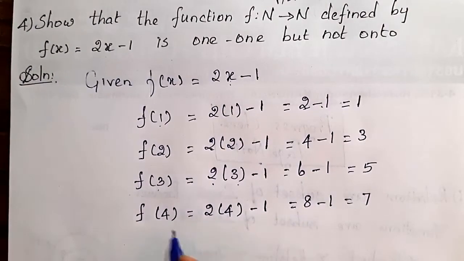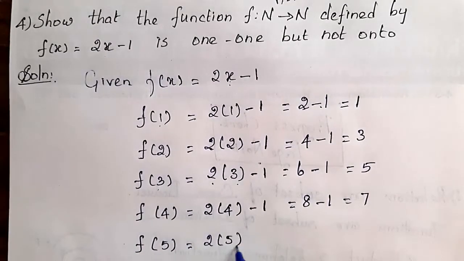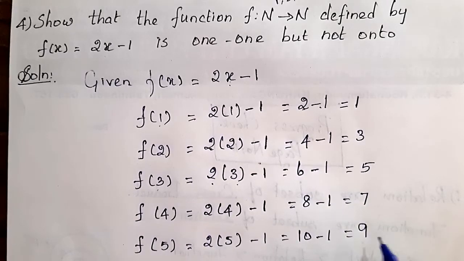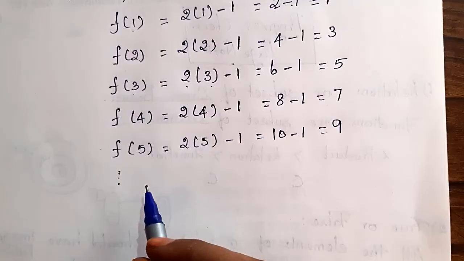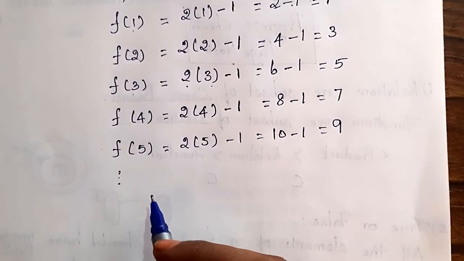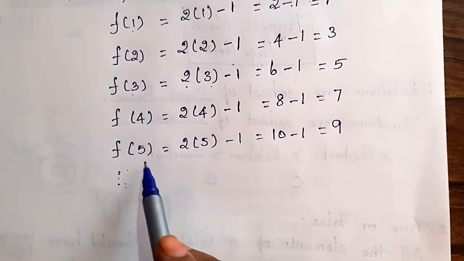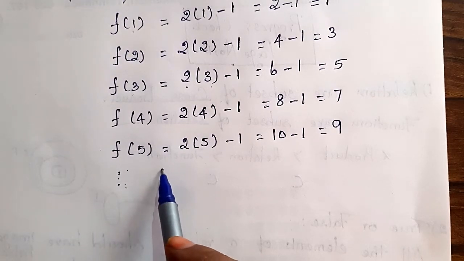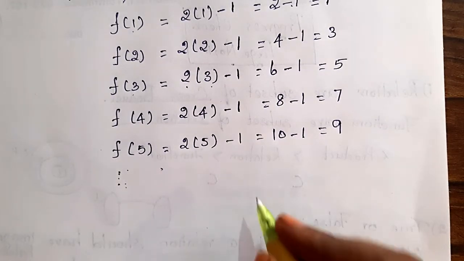Next we can find out f of 5 equal to 2 into 5 minus 1, 10 minus 1, that is equal to 9. So etc. We can put etc. because in N there are infinite numbers, but we found only 5 numbers. Just using this we are going to draw the arrow diagram. So using the arrow diagram we can justify whether it is one-one or onto.